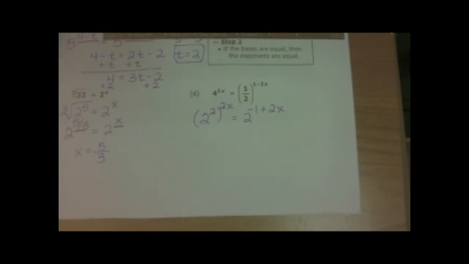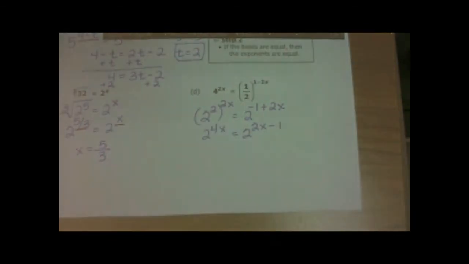On the left-hand side, I'm going to multiply my exponents. So this is 2 to the 4x equals 2. And I don't like starting it with a -1, so I'm just going to switch this to 2x minus 1. Notice I haven't changed any of the signs. I just switched the order, which I can do. All right, next thing, I have the same base on both sides.